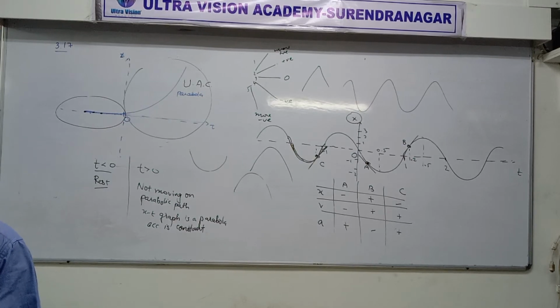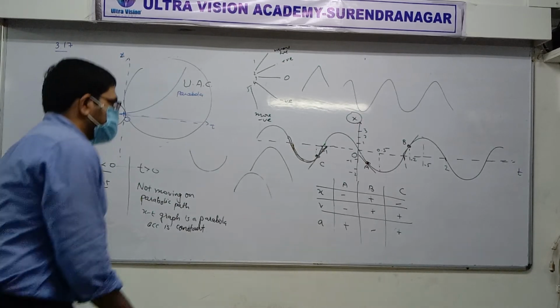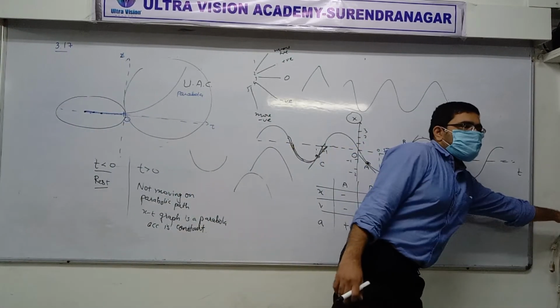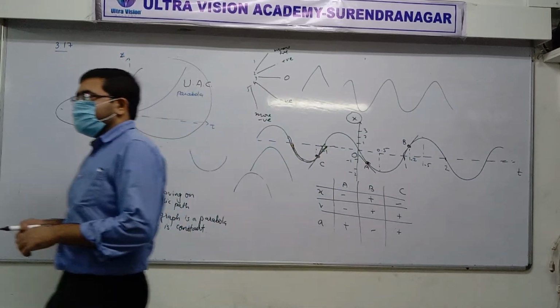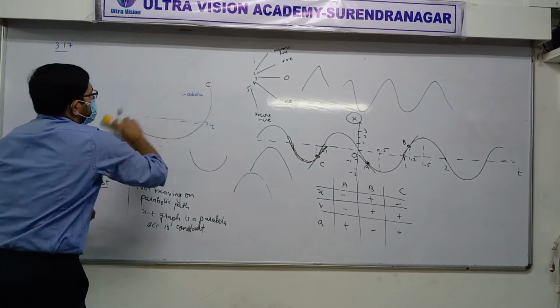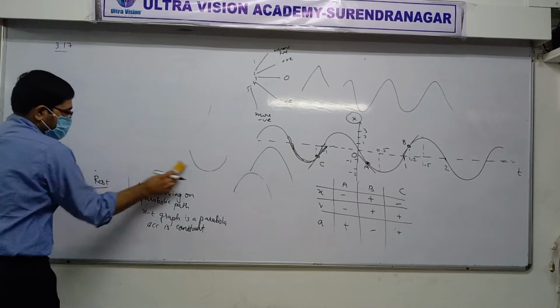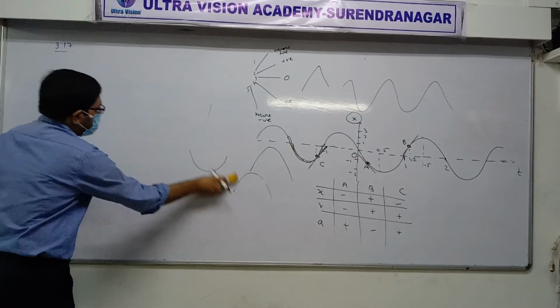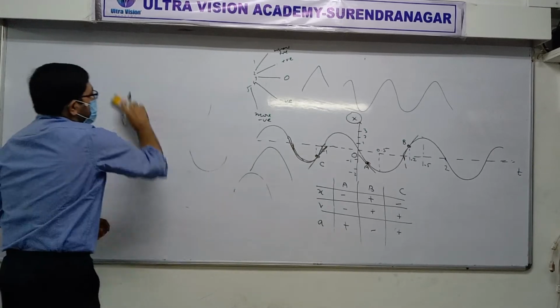There is also one more thing. Give the sign of average velocity for each interval. What is the formula of average velocity? Delta x by delta t.